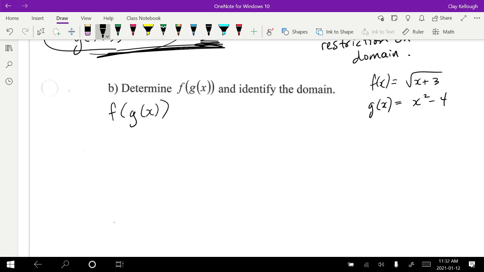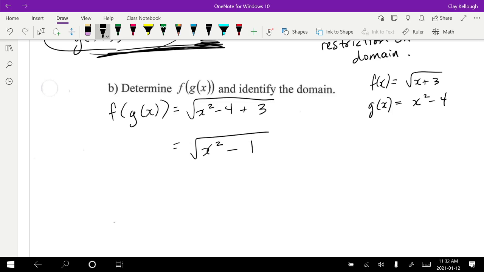So we're going to get the square root, and instead of x, I plug in x squared minus 4. Oh yeah, but don't forget the plus 3. Plus 3.